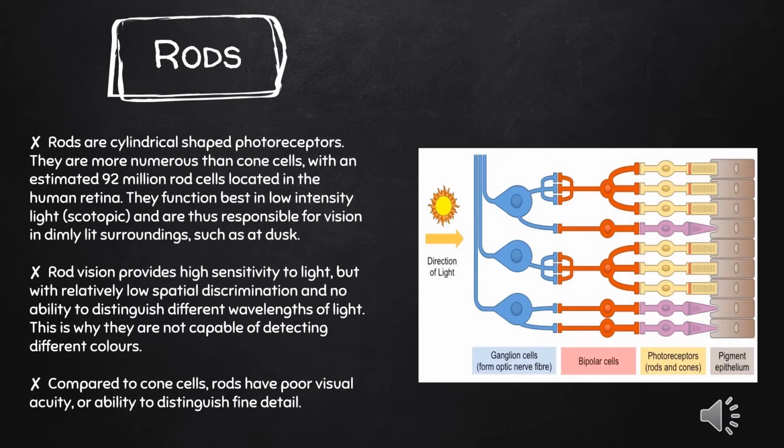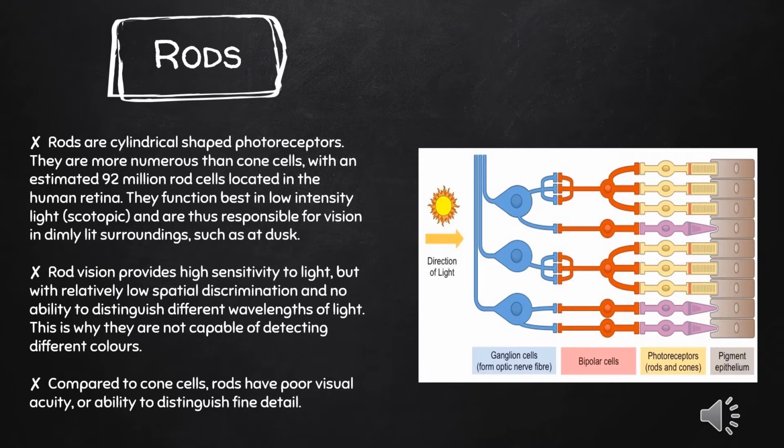Rod vision provides high sensitivity to light, but with relatively low spatial discrimination and no ability to distinguish different wavelengths of light.